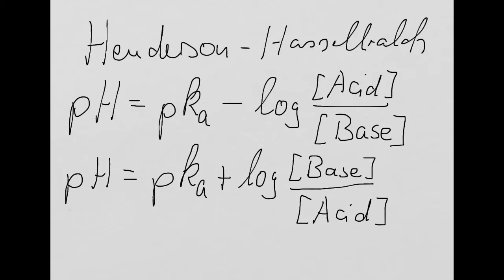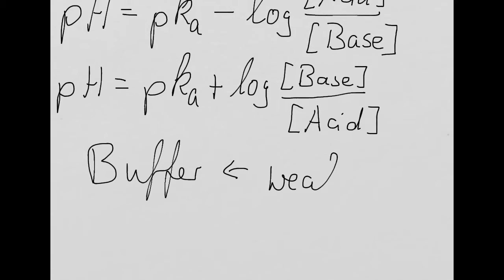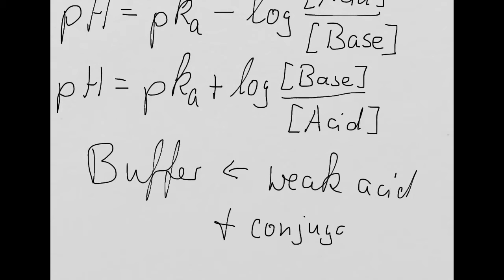And these Henderson-Hasselbalch equations basically tell us about what a buffer is. And a buffer basically consists of a weak acid plus the conjugate base. So we throw two things into this buffer.